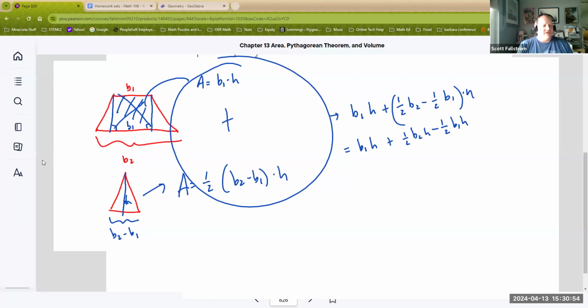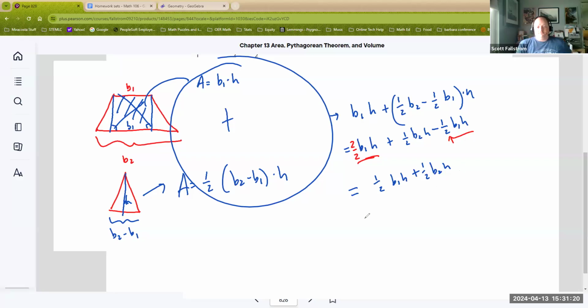Thankfully, these are like terms. But one of them has a fraction, so I will make this one have a common denominator: 2/2 in the front, and I have 1/2 and I'm subtracting. So my final result is 1/2 B1H plus 1/2 B2H.